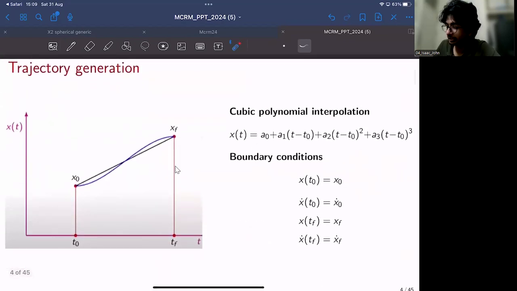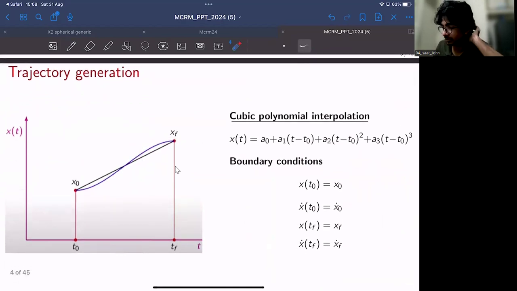Another trajectory generation, instead of a straight line, is what we call cubic polynomial interpolation. Instead of a straight line, we can interpolate it as a third order polynomial, or cubic polynomial.